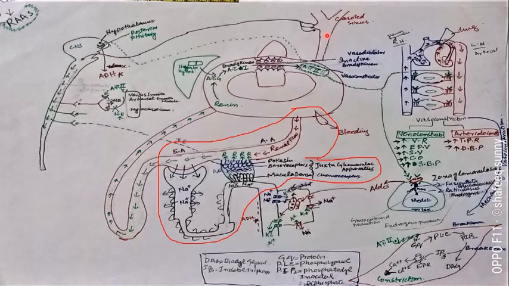As soon as the CNS senses that blood pressure is going down, it will stimulate the sympathetic outflow through the vasomotor center in the medulla. From the medulla, fibers come down. The neuronal connection comes down and stimulates the sympathetic outflow.